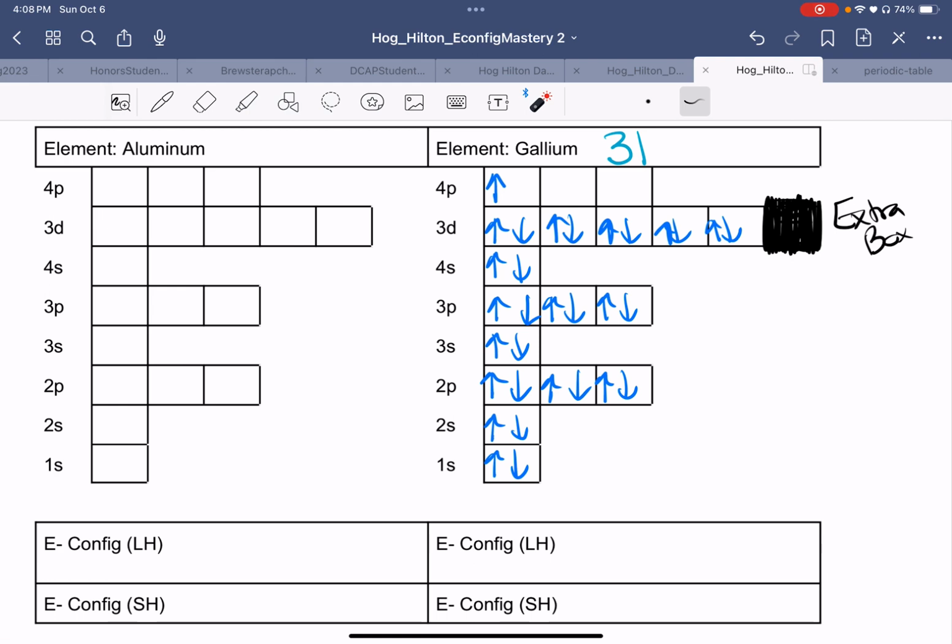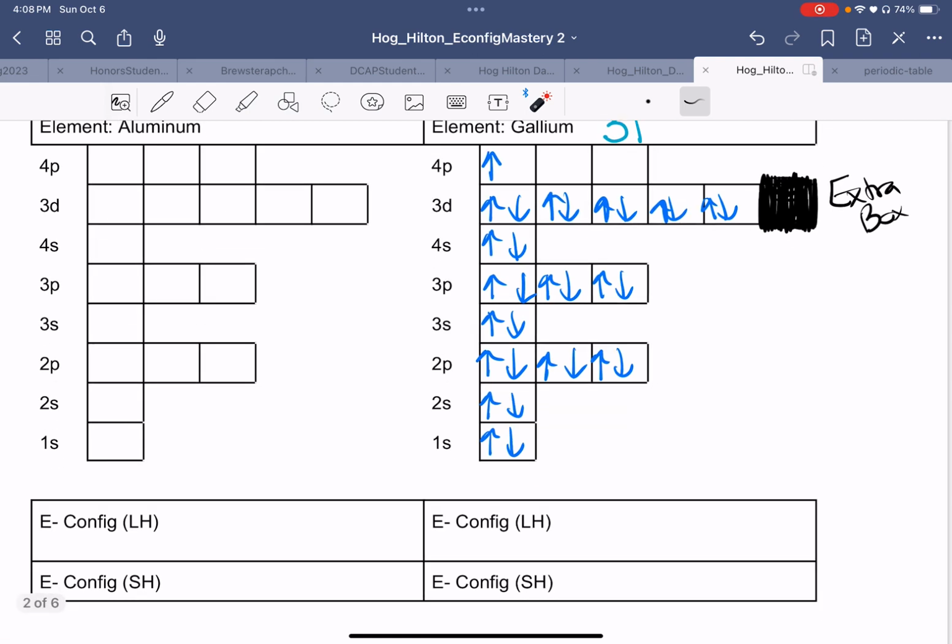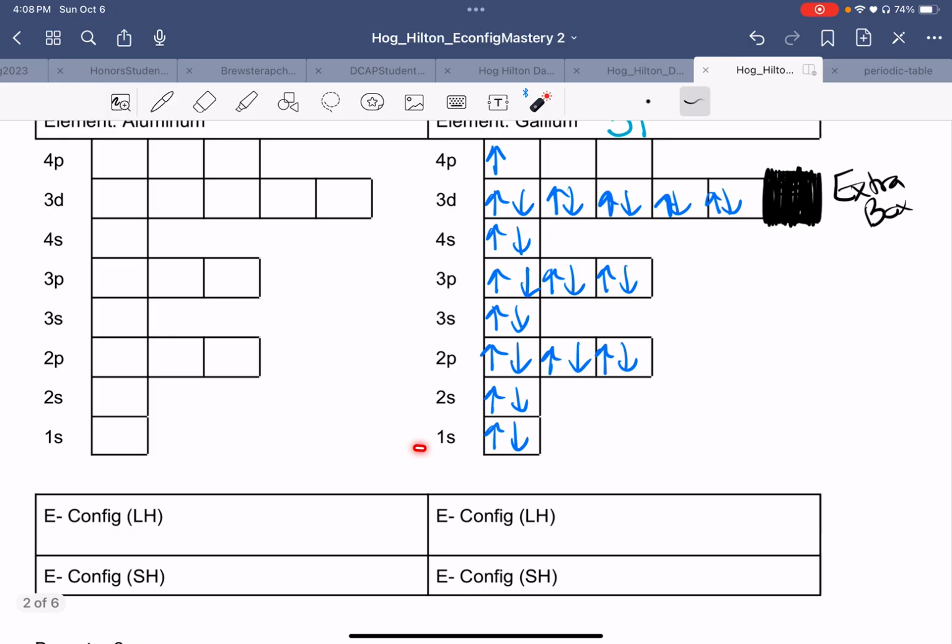And we're there. Okay, so now let's write out longhand, which means you got to write everything that's here.